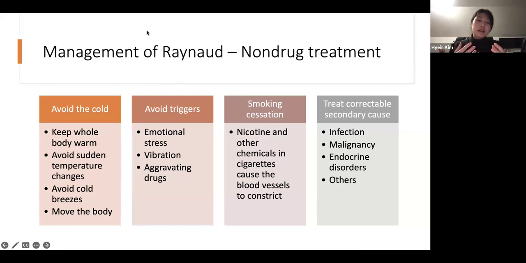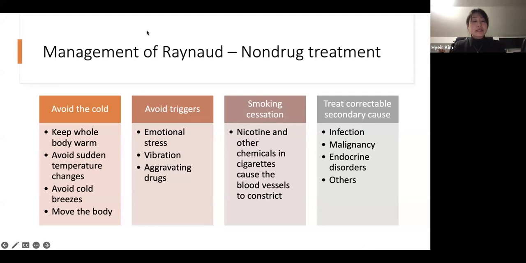The reason is that our core body senses temperature changes and sends a neural signal to the periphery, your fingers and toes, to clamp down on your blood vessels. So if your core body is cold, no matter how warm your fingertips are, it will cause Raynaud. So keeping yourself warm overall, including a hat, is very important.